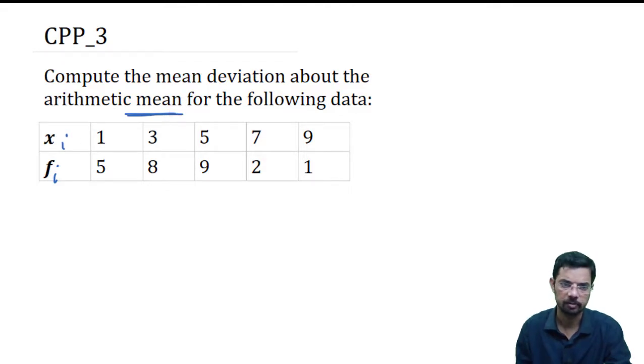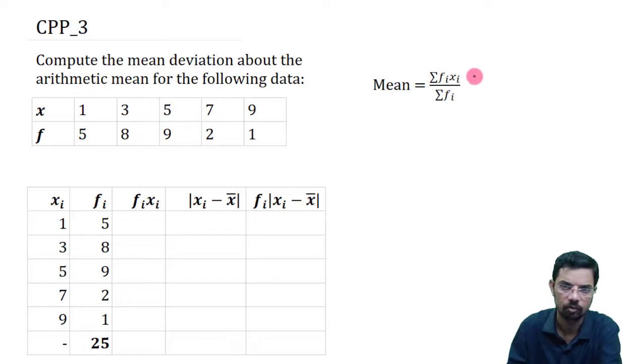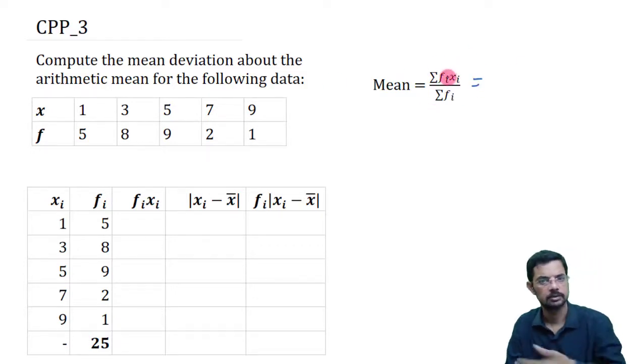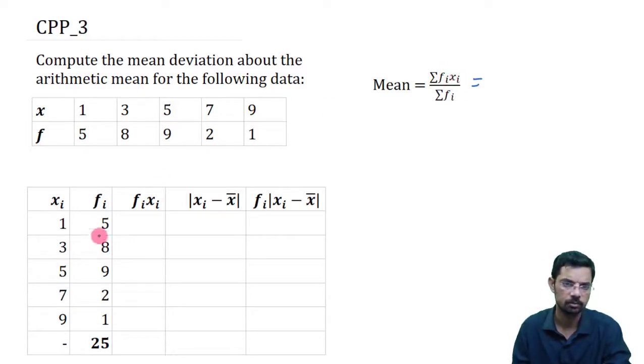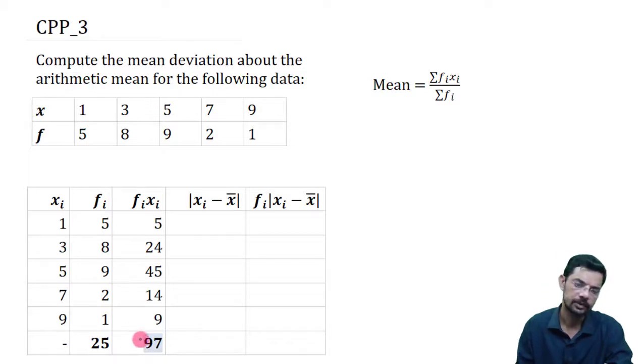So first of all we shall prepare the table. The mean is equal to the sum of all fi xi divided by the sum of all frequencies. The sum of all frequencies is 25, and the sum of fi xi is 97, so 97 divided by 25.